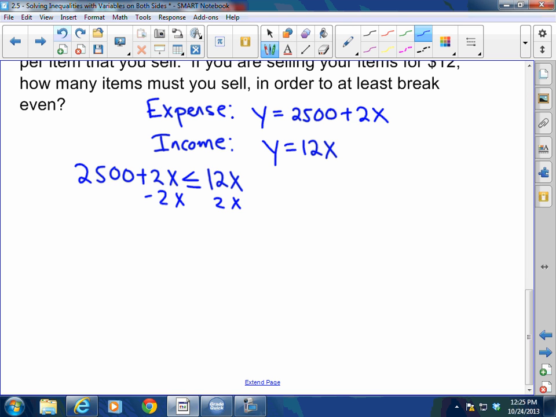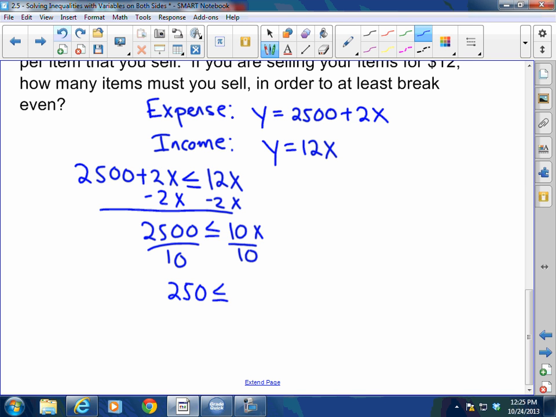So now, Mickey Mouse time. Subtract 2x to both sides. 2,500 is less than or equal to 10x. Divide by 10. All right, guess what, guys? In order for your business to at least break even, you need to sell greater than or equal to 250 items.